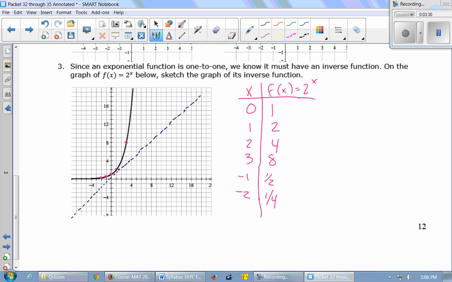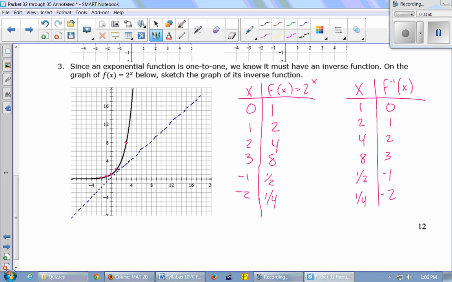So then I'm going to make a little chart where I just swap the input and output. So I'm going to have x, f inverse of x, and I just swap these. So I have 1, 0, 2, 1, 4, 2, 8, 3, 1/2, negative 1, and 1/4, negative 2.